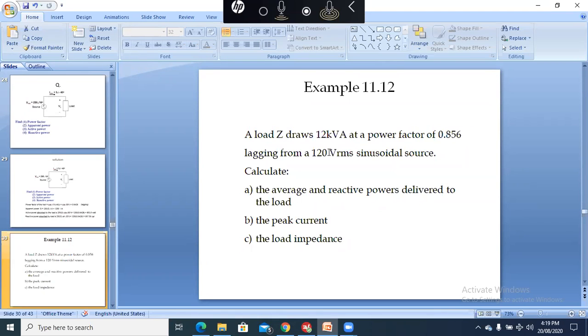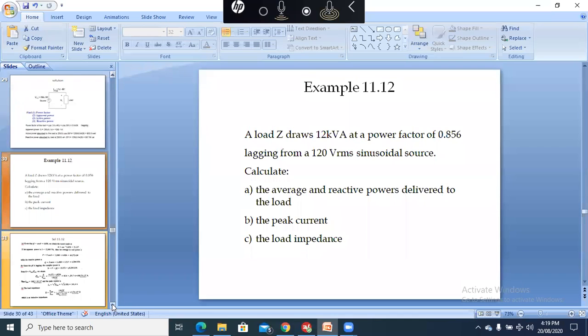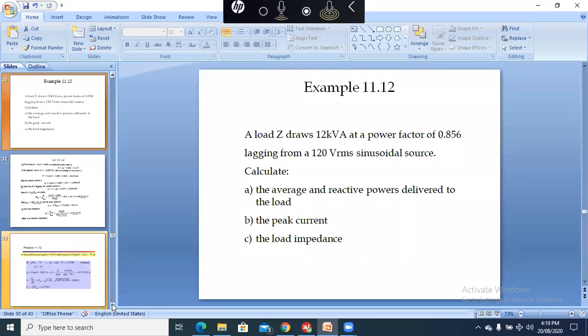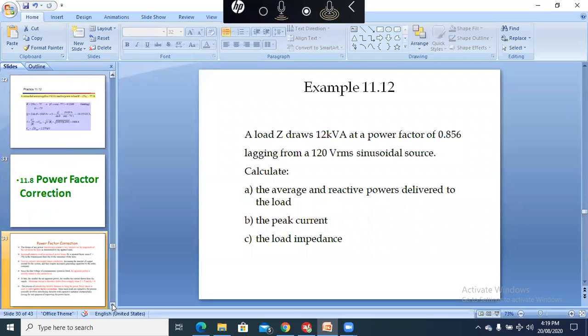If the RMS value of the voltage is 120, you have to calculate the average and reactive powers delivered to the load, peak current, and the load impedance. So you have to solve this problem.